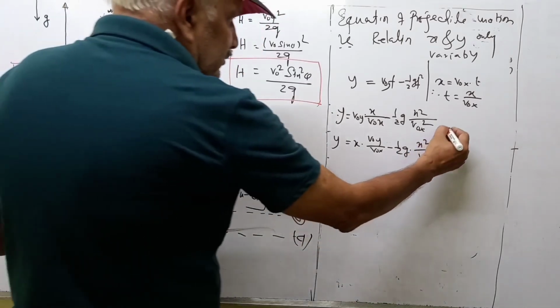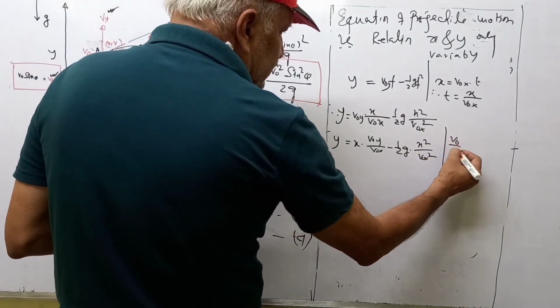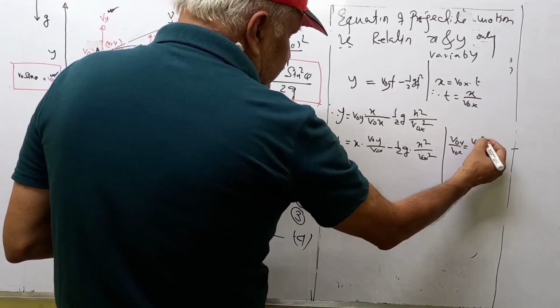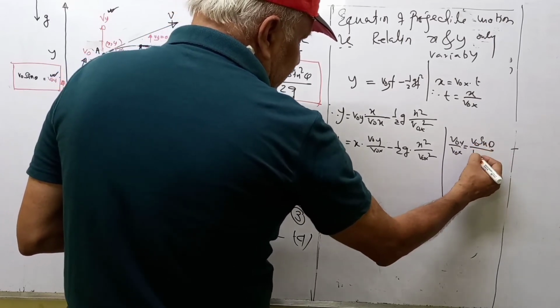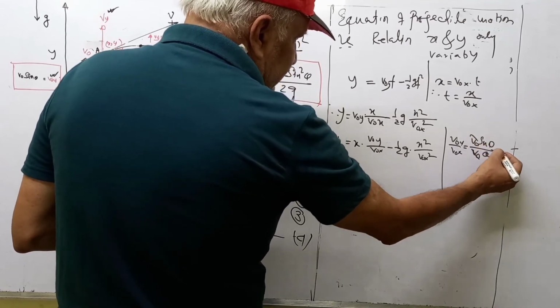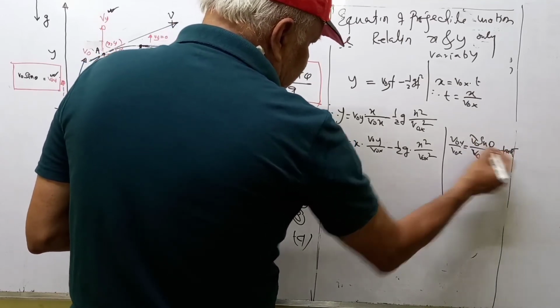Now v0y by v0x equal to v0 sin theta by v0 cos theta, that value equal to tan theta.